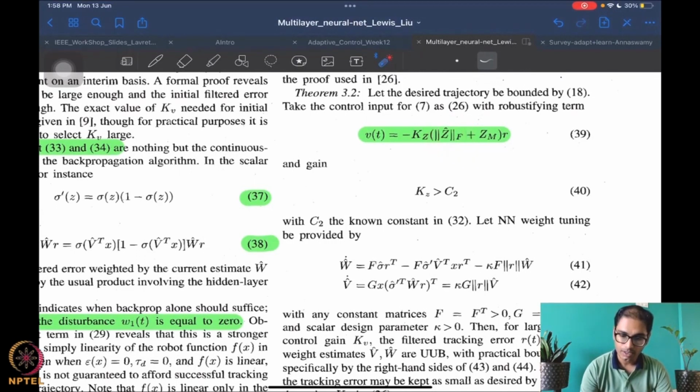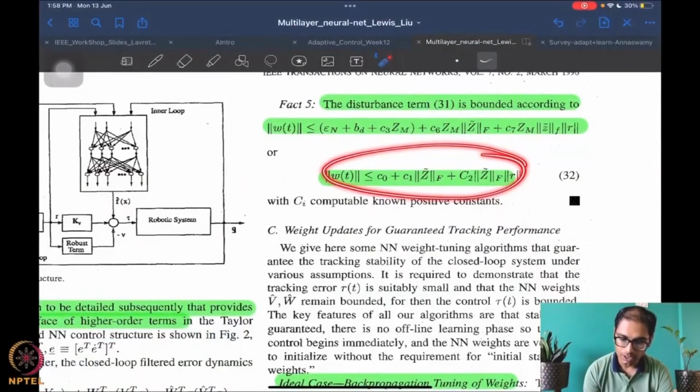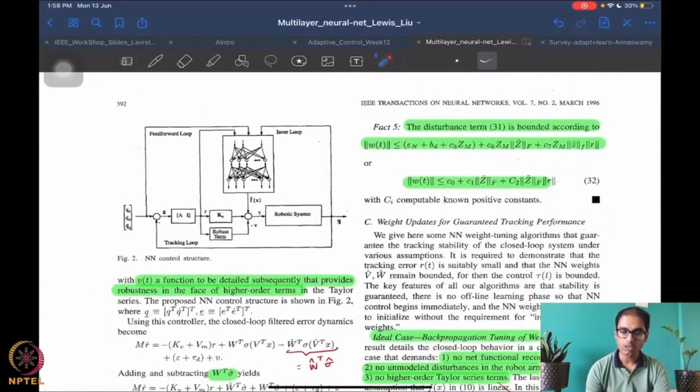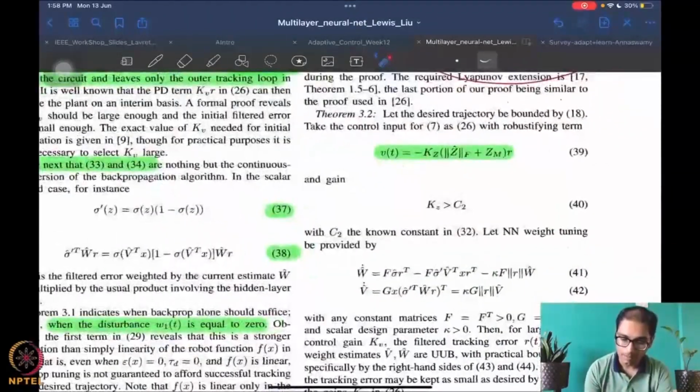And this term is like a norm of z hat. And then, of course, you have some state-dependent terms, with some gain which is larger than some constant C2. And this constant C2 is known in equation 32. It's coming from the bound on W. So the idea is to take care of this sort of term, and we'll see how that happens.